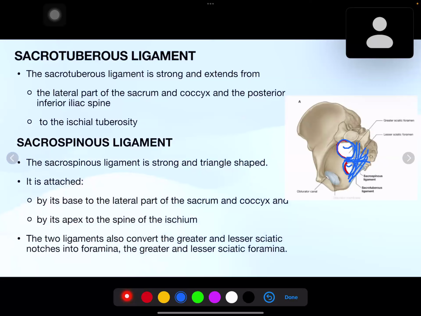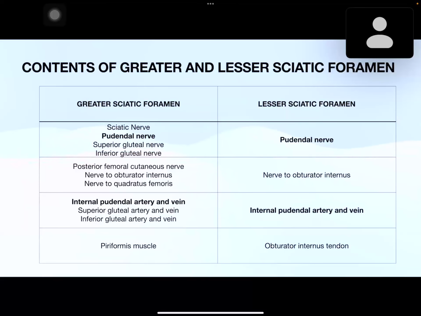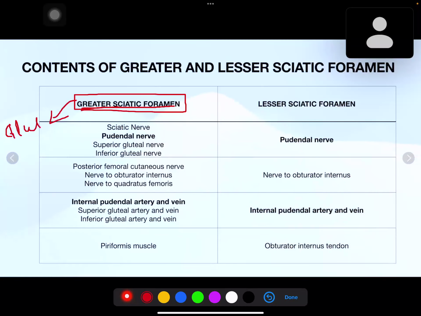Now these two foramina are very important for the exam, as to what passes through which foramen, and you have to remember this. This slide is very important for the exam, and I've bolded a few points that are very important. So if you can remember what passes through the greater sciatic foramen, everything goes to the gluteus or buttocks, you can say.